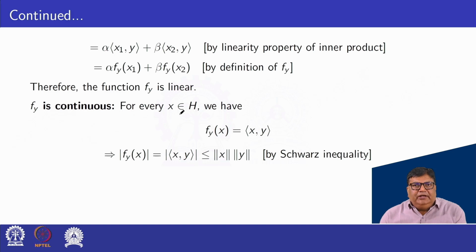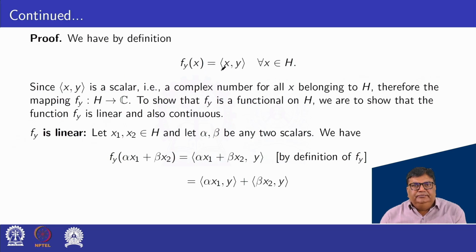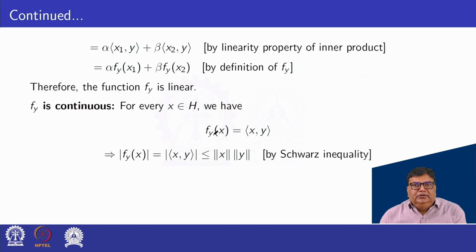Now we prove Fy is continuous. For every x belonging to H, we have Fy(x) equal to the inner product of x and y. Taking modulus of both sides and using the Schwarz inequality, this implies that the modulus of Fy(x) equals the modulus of the inner product of x and y, which by the Schwarz inequality is less than or equal to norm x into norm y.